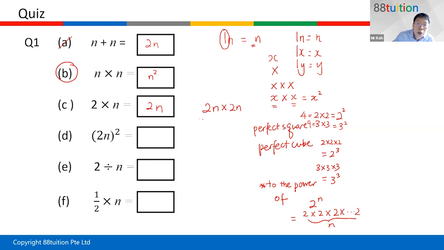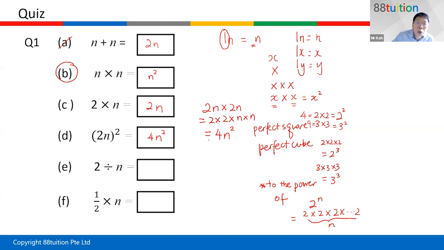In algebra you can rearrange it, so multiply 2 times 2 first, which gives 4, and then n times n, which is n squared. So the answer is 4n squared.